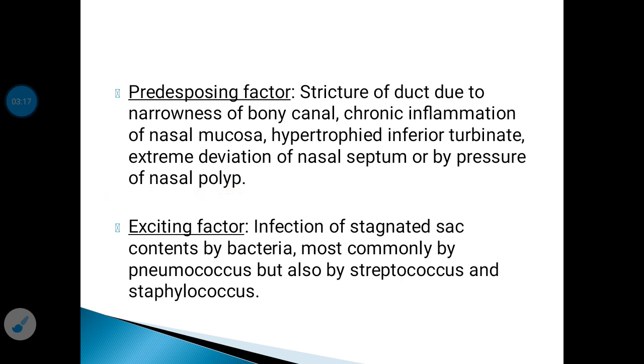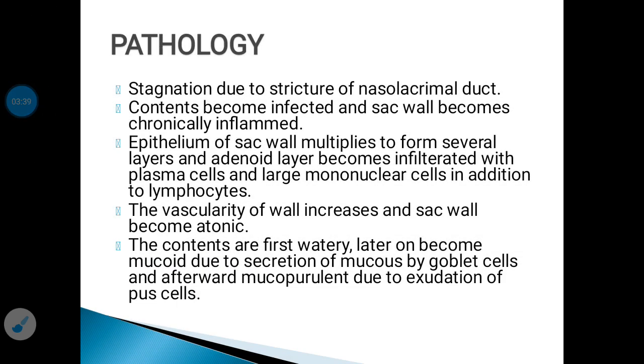So these conditions work as predisposing factors and can lead to formation of chronic dacryocystitis. Due to these factors, infection of stagnated sac contents by bacteria occurs. Commonly the bacteria that infect are pneumococcus, streptococcus and staphylococcus.